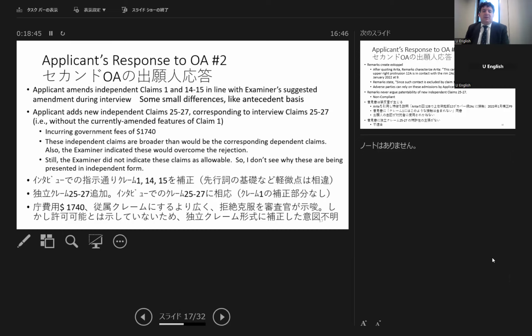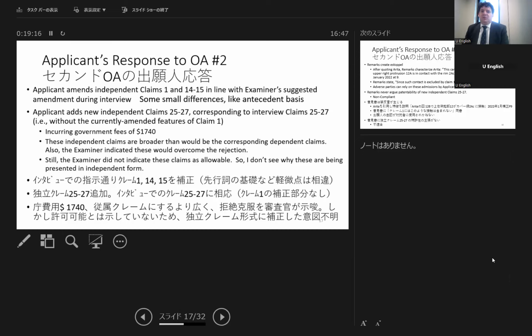To be clear, these are broader than if they had kept dependent claims 25 through 27 in dependent form, right? Because we've narrowed claim 1, and they would also be narrower because of that amendment. The examiner did indicate that these would overcome the rejection, but he did not indicate that they were allowable.